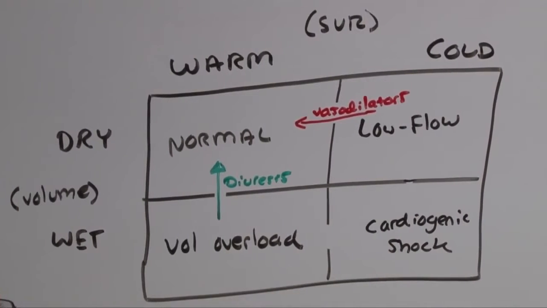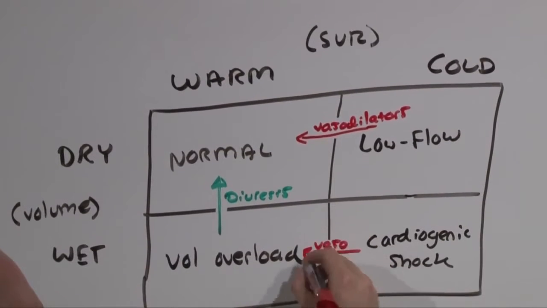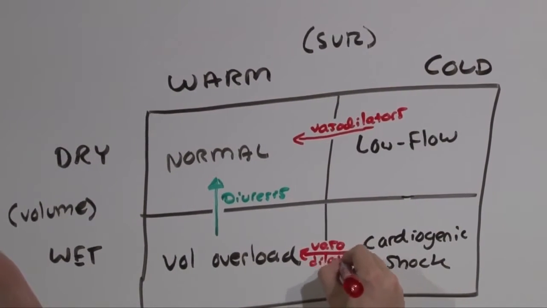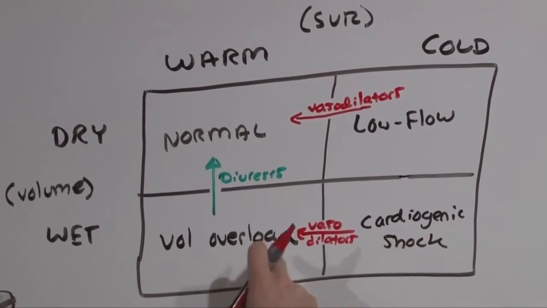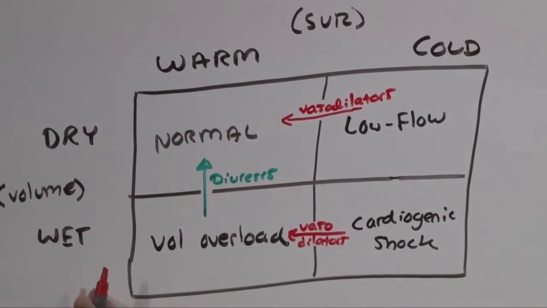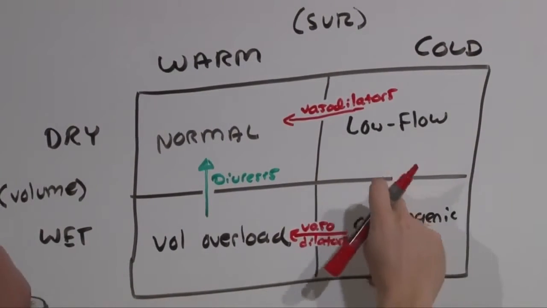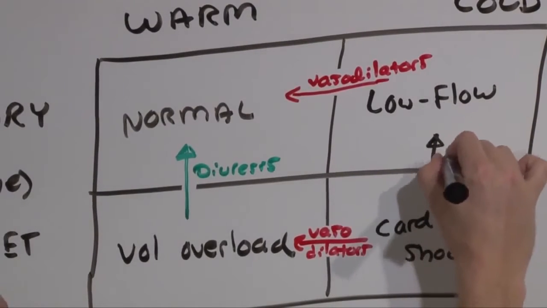You can use vasodilators to try to get them from being cold to warm. But the thing that gets the patient who's cold and wet into a better state is going to be inotropes.